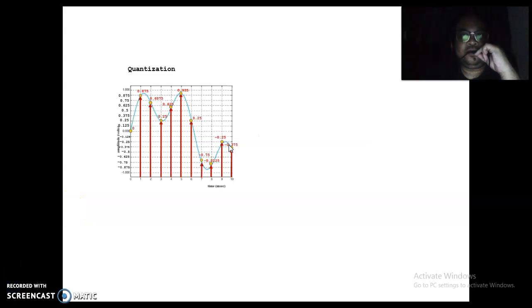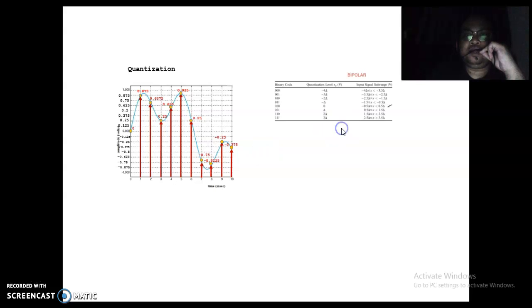To illustrate quantization, for example, you have here the result after sampling. You need the help of a bipolar table in quantization. It is divided into 3 columns for binary code, quantization level, and input signal voltage.